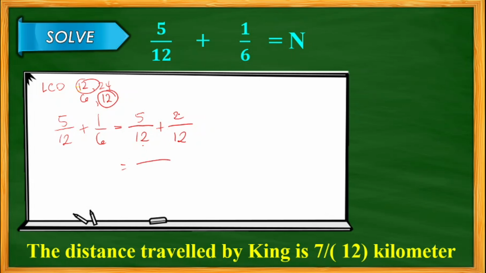So 5 plus 2, the answer would be 7. And then copy the denominator 12. So this would be the final answer because there is no common factor. 7/12. So this would be correct. So the total distance traveled by Kite is 7/12 kilometer.